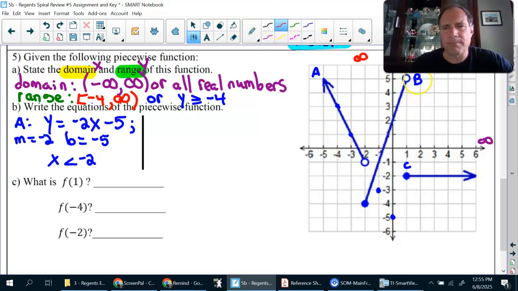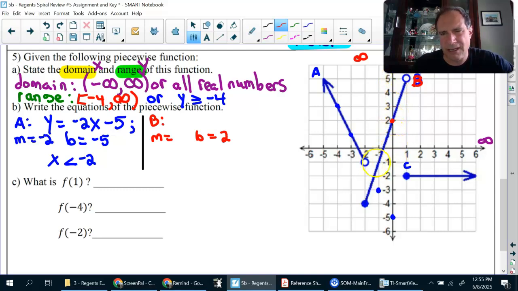So now we're going to go to B. I'm going to put this in red, B. So line B, we have to figure out what the slope is and what the y-intercept is. And that is pretty easy because the y-intercept is given. The y-intercept is here at 2. So we're going to take a look at the rise, 1, 2, 3, and the run is 1.